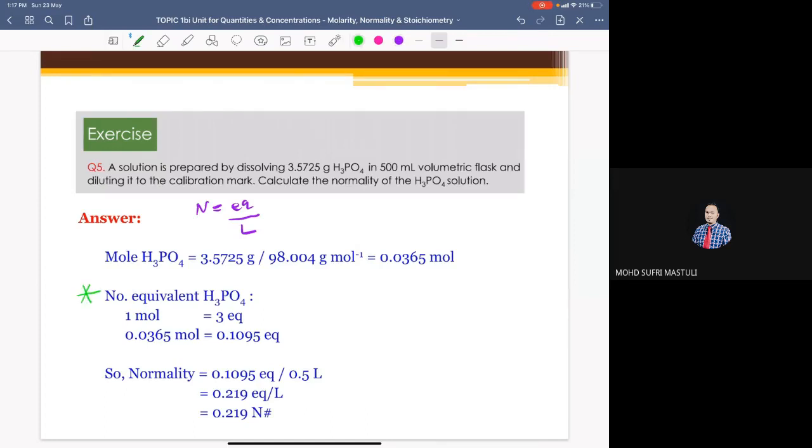Important information: you have to calculate the number of equivalents in H3PO4. In H3PO4, 1 mole is equivalent to 3 EQ. Why 3 EQ?